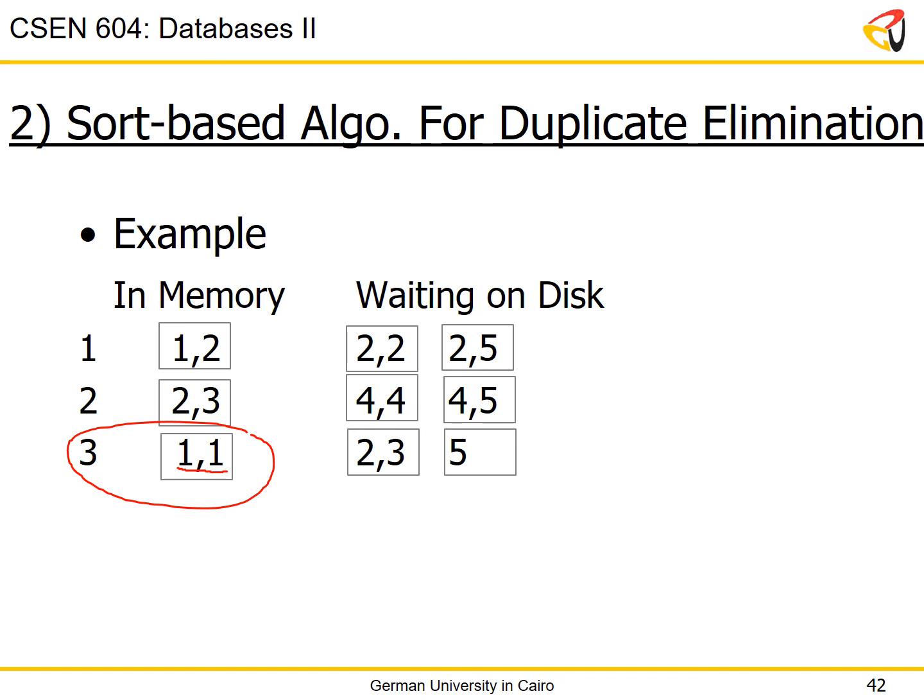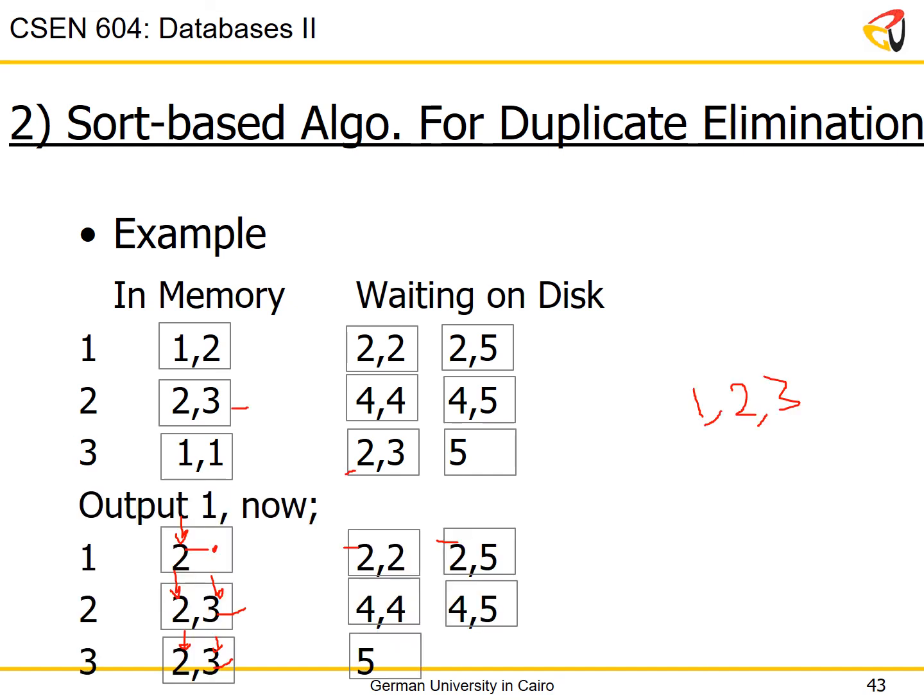Okay? If there is any other page here that starts with a 1, I should have already loaded it. Now, I'm not really deleting anything, but I'm showing you what I'm currently looking at here. So now I'm looking at the 2 in this page, and I'm looking at the 2 in this page, which is the original one that existed over here.